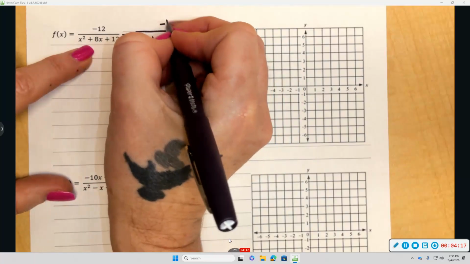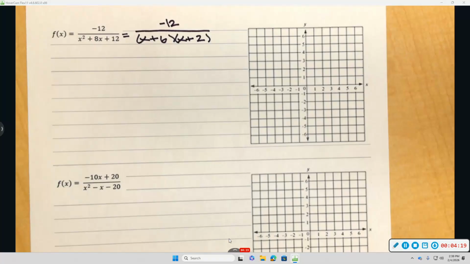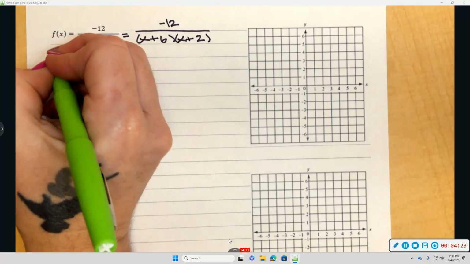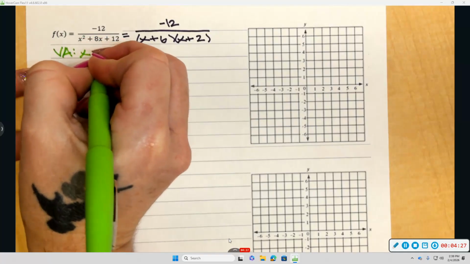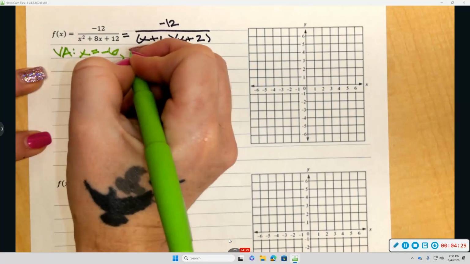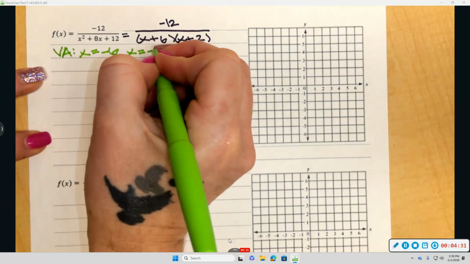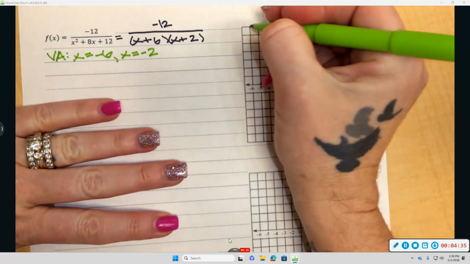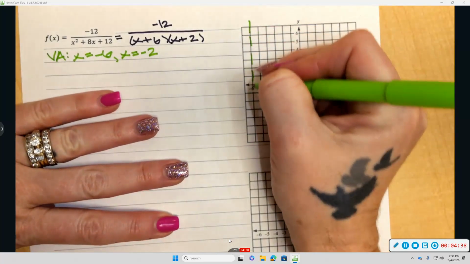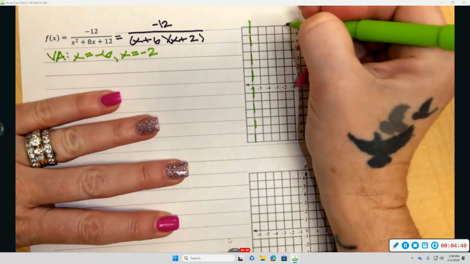And I've got a negative 12 up top. So the first thing I know is that I have vertical asymptotes at x equals negative 6 and x equals negative 2. I'll go ahead and pop those on here, negative 6 and negative 2.